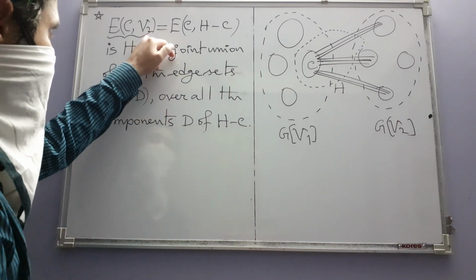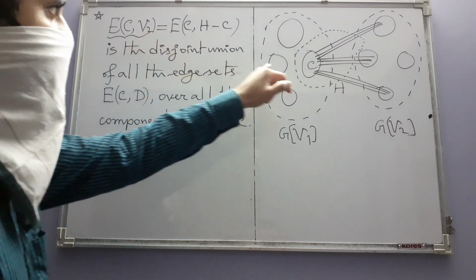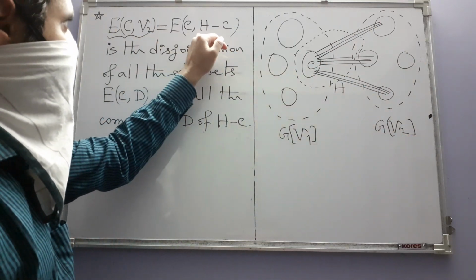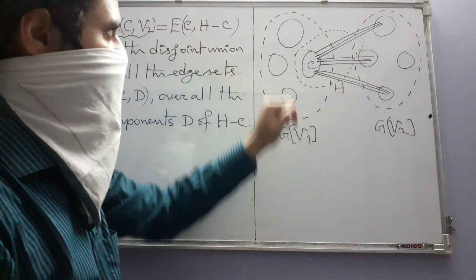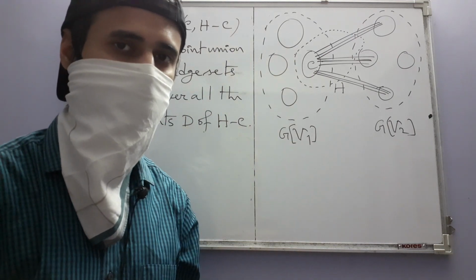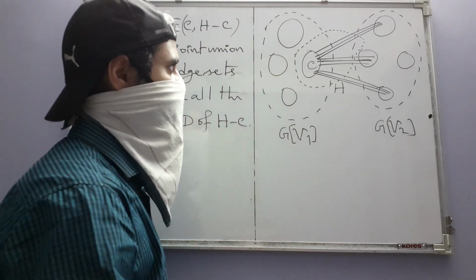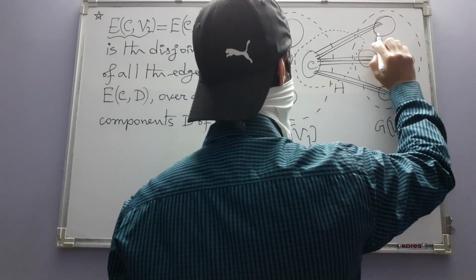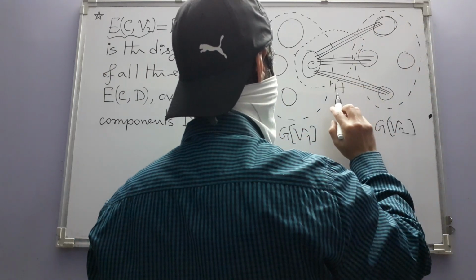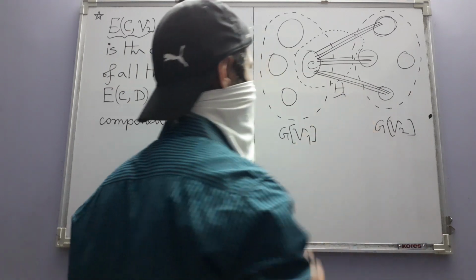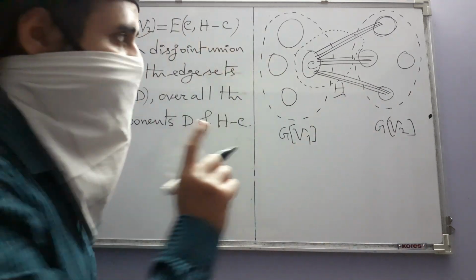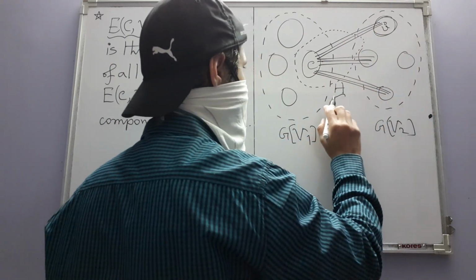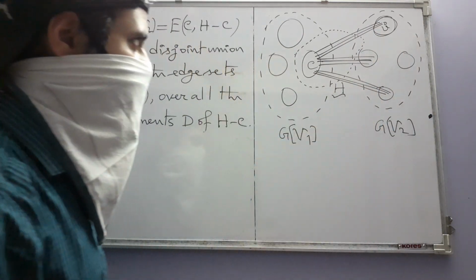How do all edges between C and V2 suddenly become all edges between C and H minus C? That is because if say this component is something outside H, say this component has one vertex, say V, which is not a vertex in the subgraph H.